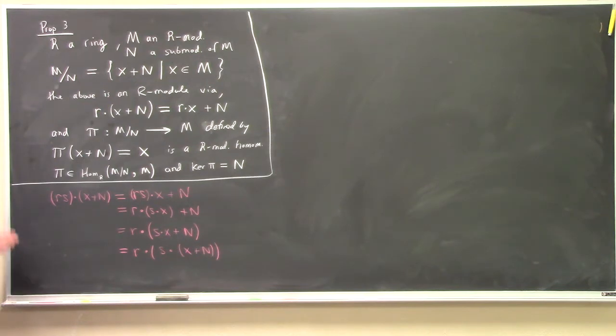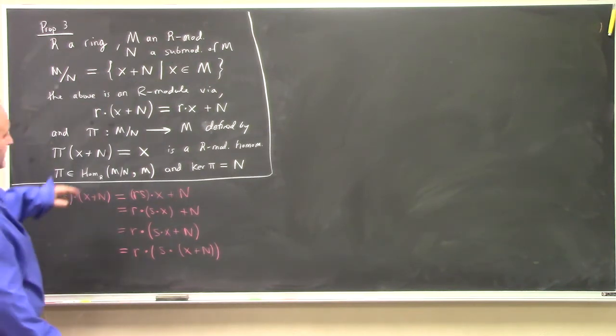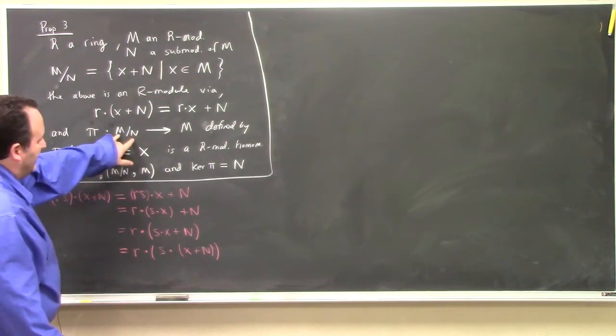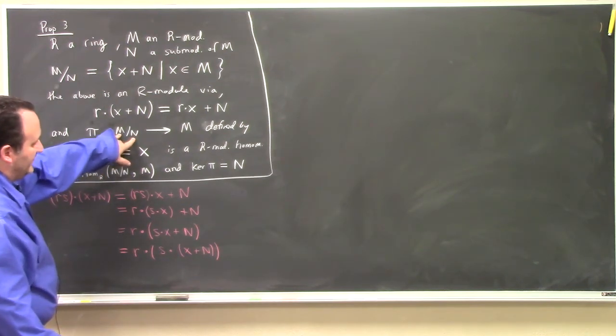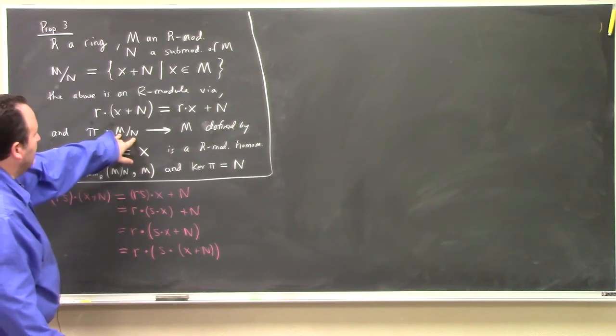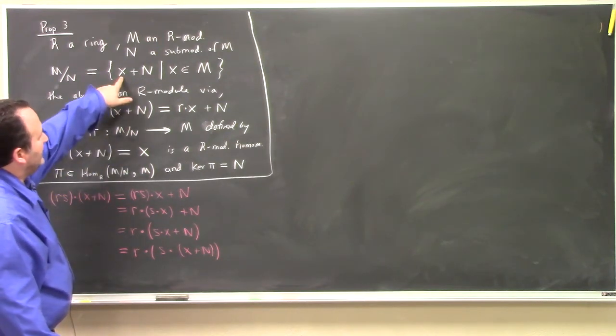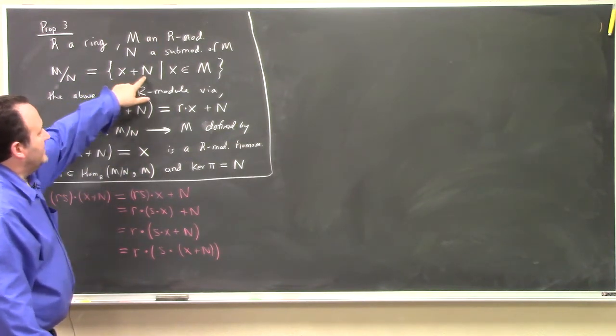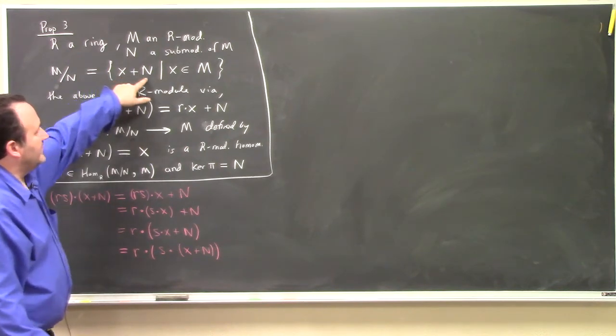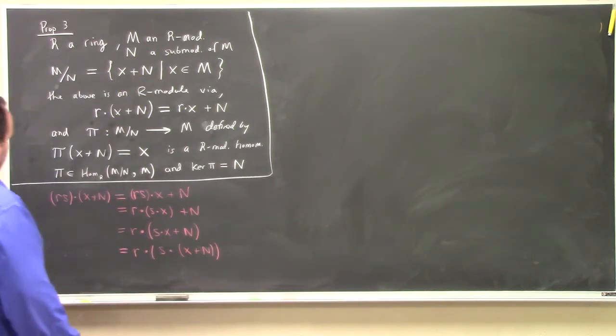The fact that the kernel is N just comes from the fact that in the factor group M mod N, the 0 for that group is essentially the set N. The coset with representative 0 is N, and that behaves as the 0 for the additive group. Anyway, enough about that.